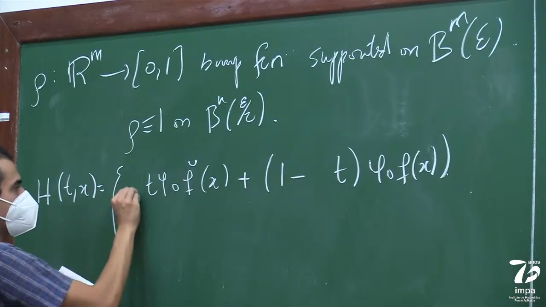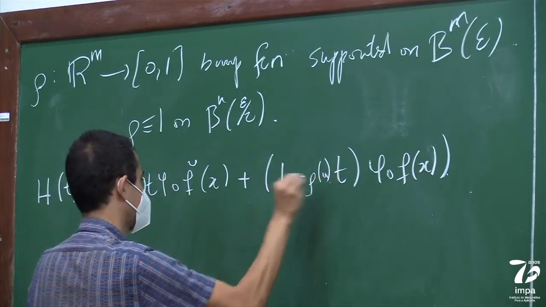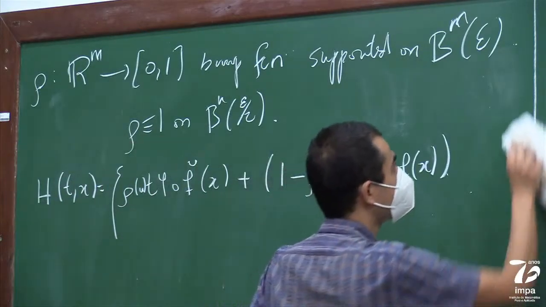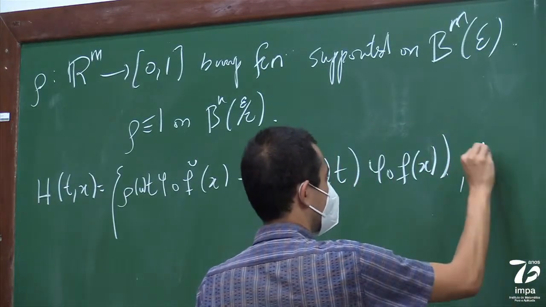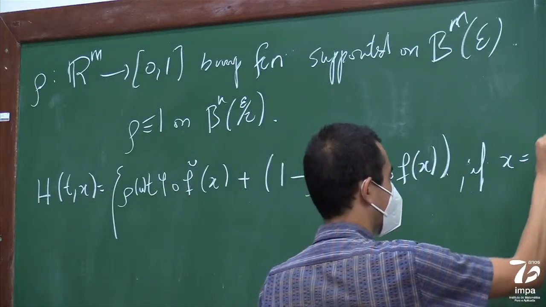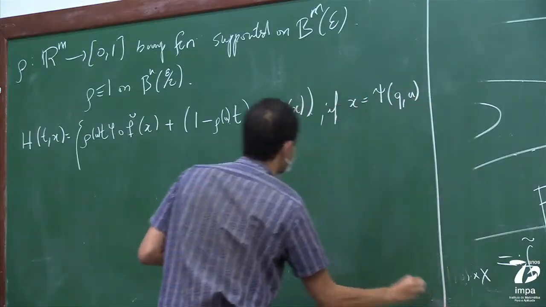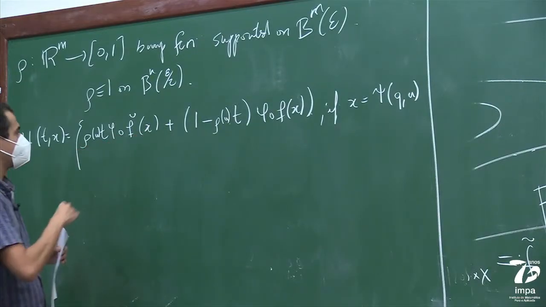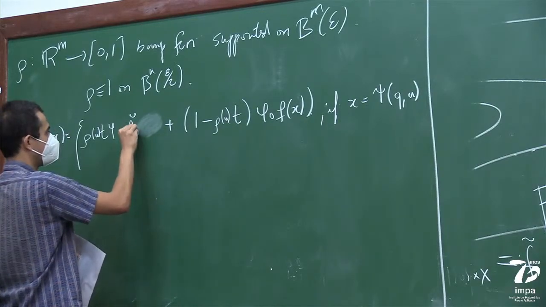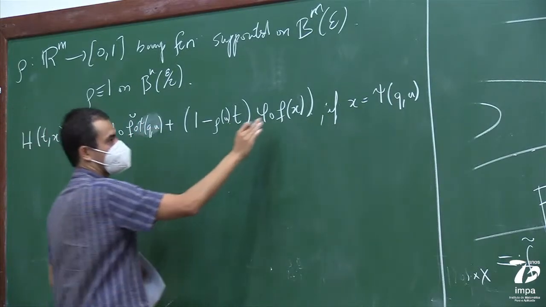But then you put the bump function here, and it depends on u. So if x is equal to psi of q, u, then, to be more consistent with what we have there, we can write it like this, not write x.